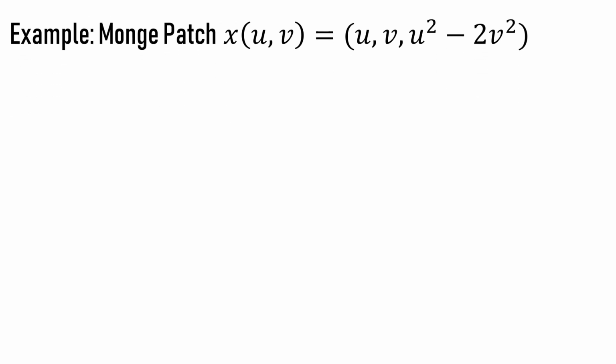Now we're going to use the same example from the previous slide, the Monge patch x(u,v) equal to (u, v, u squared minus 2v squared). If you remember from the previous slide, the Gaussian curvature can be calculated with the determinant of L_p, and that L comes from the second fundamental form.